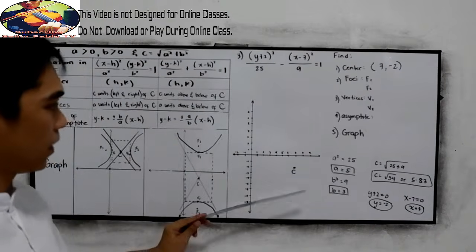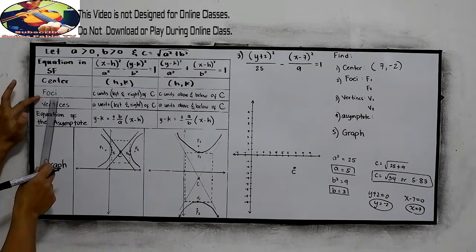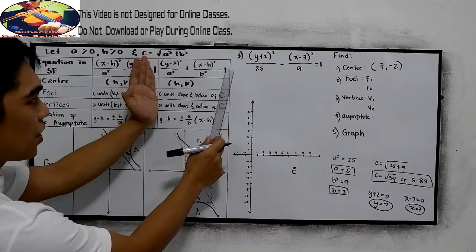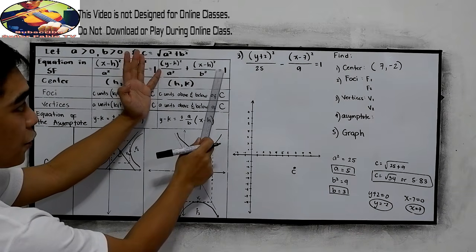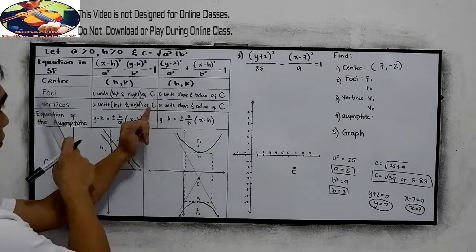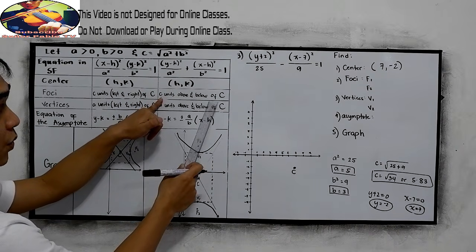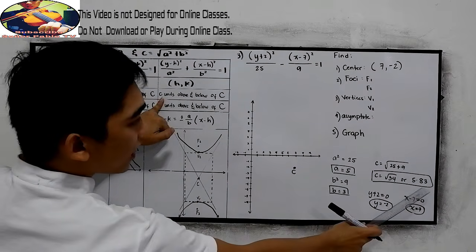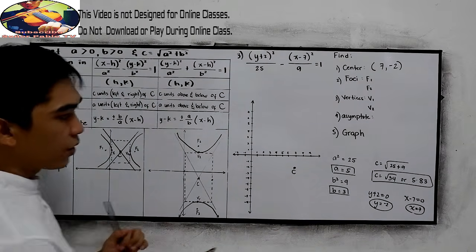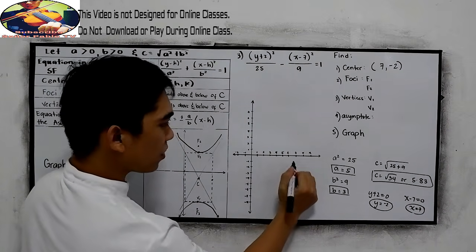Now, in our table, to find the foci, this is our equation form, the equation in standard form. So the foci are c units above and below of the center. So our c is 5.83. So 5.83 above.